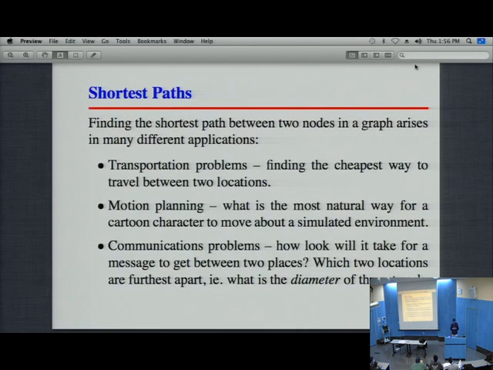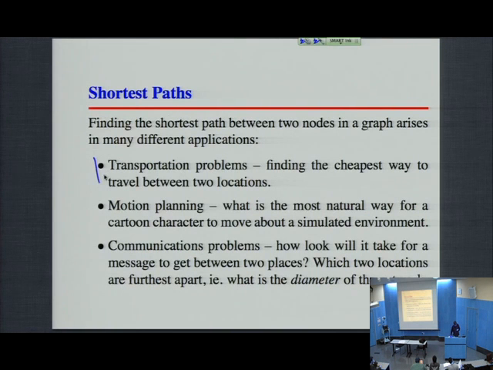There's a lot of problems like this, so I guess the GPS doing it is the transportation problem. There happen to be an amazing number of other problems that come up in algorithms that reduce to shortest path problems. Today, at 10:30 in the morning, I had an electrical engineer walk into my door.